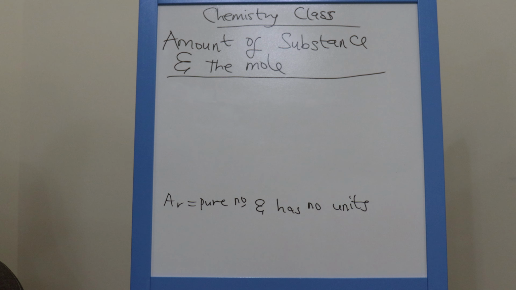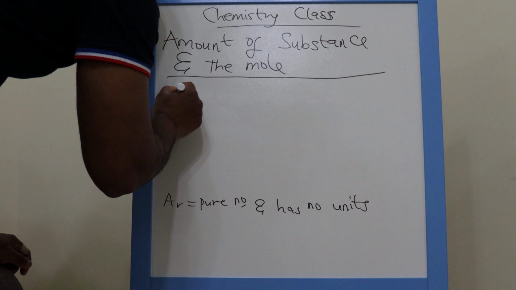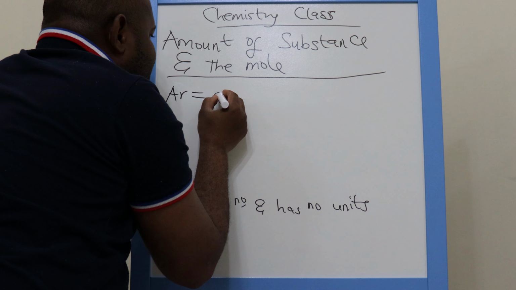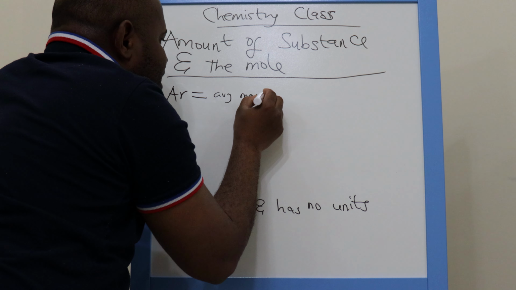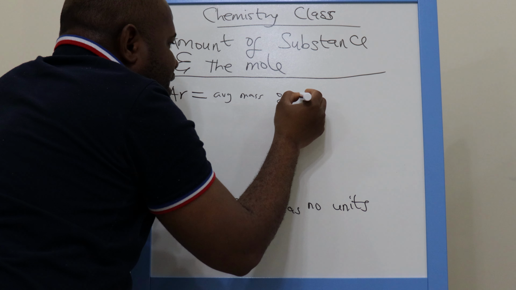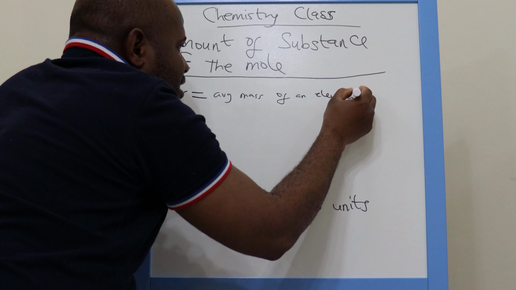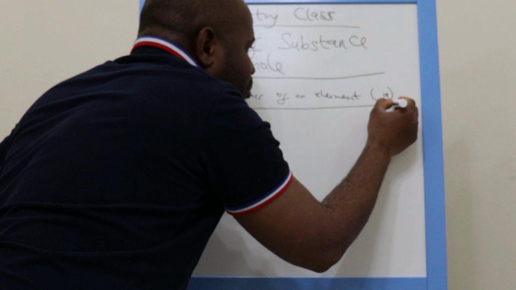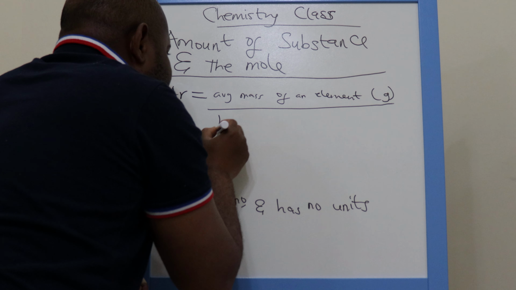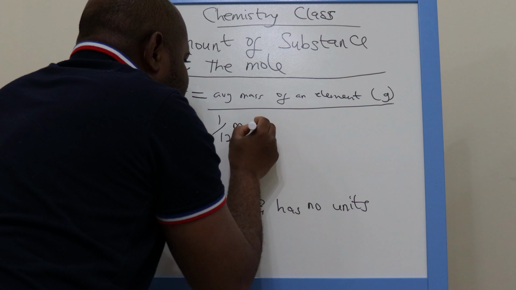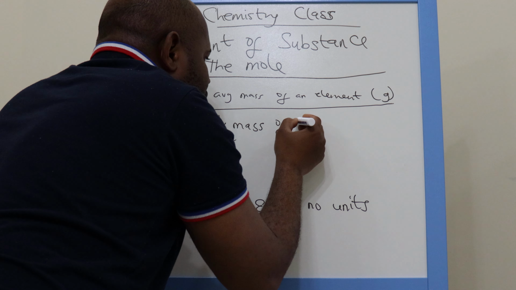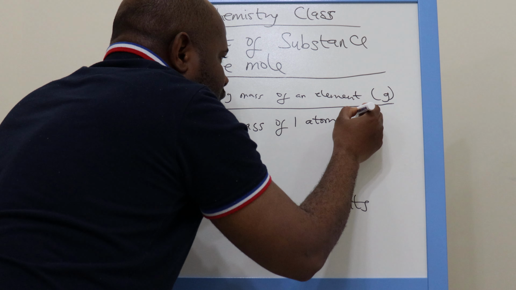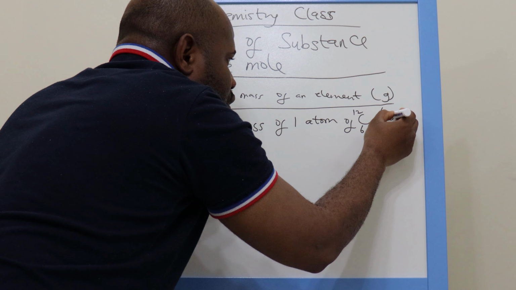If AR, relative atomic mass, is equal to the average mass of an element in grams, divided by 1/12 the mass of one atom of carbon-12, also in grams.